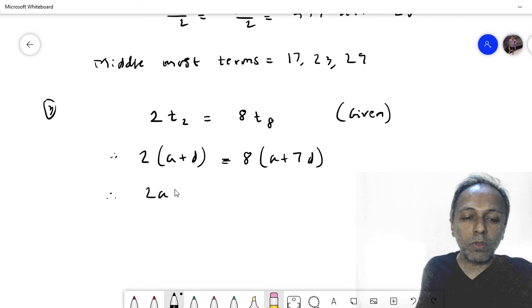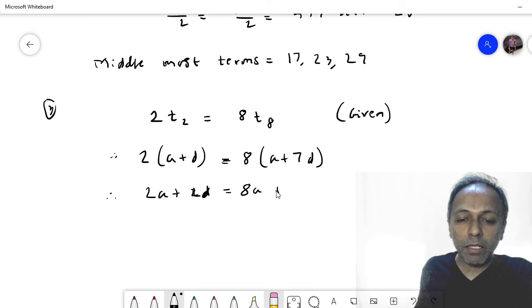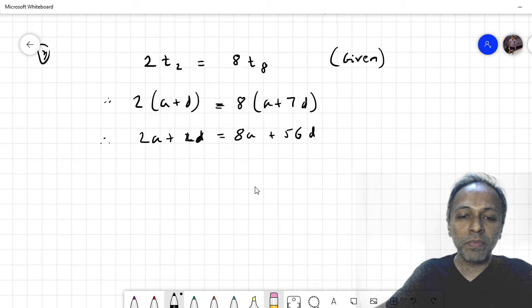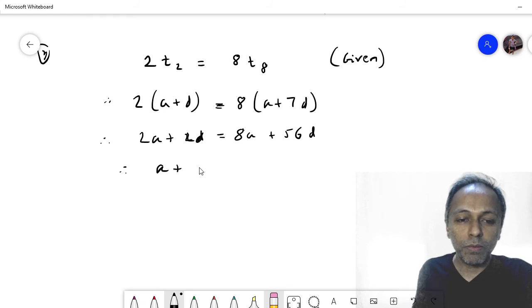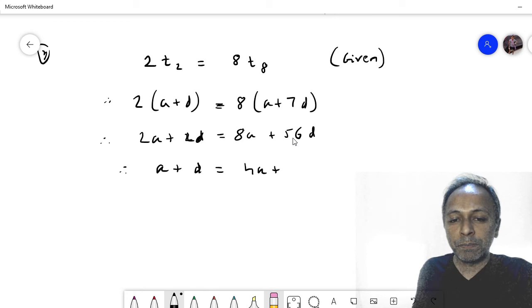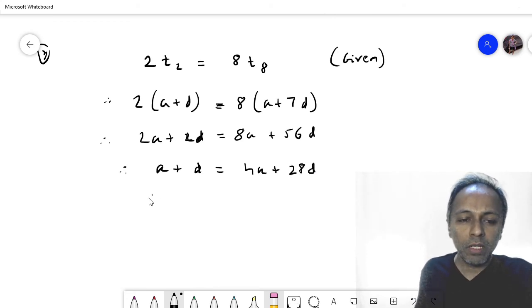This gives you 2a plus 2d is equal to 8a plus 8 sevens are 56d. Therefore, we can divide by 2 here. We could have done it before also. a plus d is equal to 4a plus 28d.